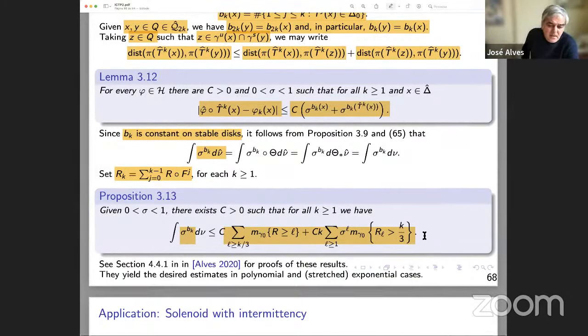And in the exponential cases, we don't lose anything. This is clear in the first term here: if it's exponential, then the tail of the series is still exponential. For the other one, it's not so clear, but it still can be proved. And so this is the way we obtain the control on the L1 norm terms.